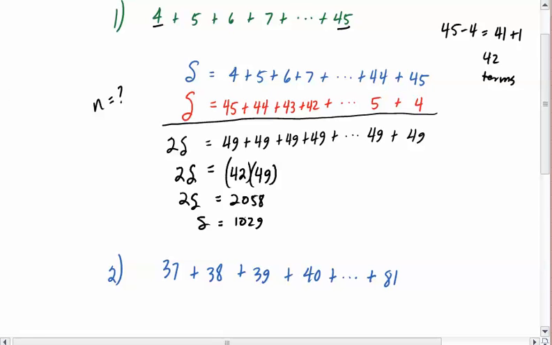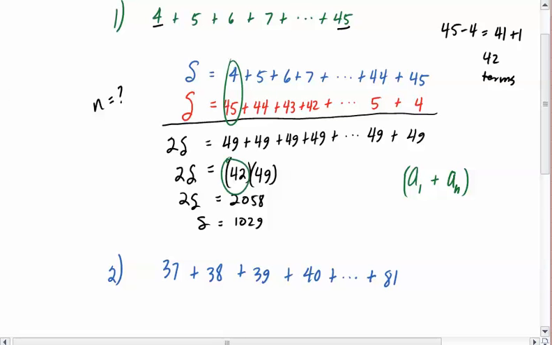Pretty cool, huh? So here's what we can actually conclude from this. What we did in this situation was we added the first term and the last term. I meant to write a sub n. So we added the first and the last terms, right?